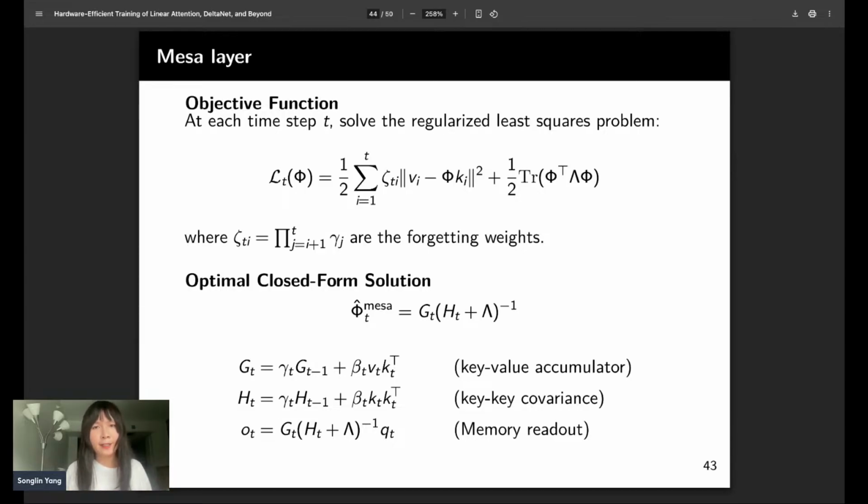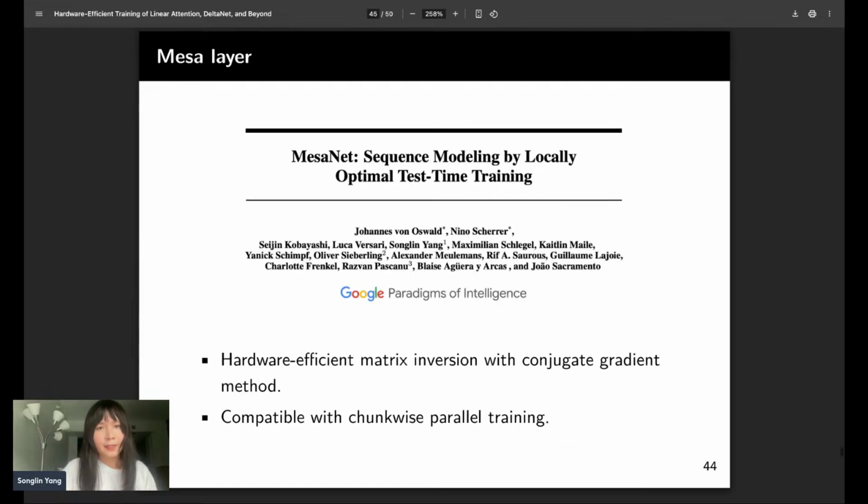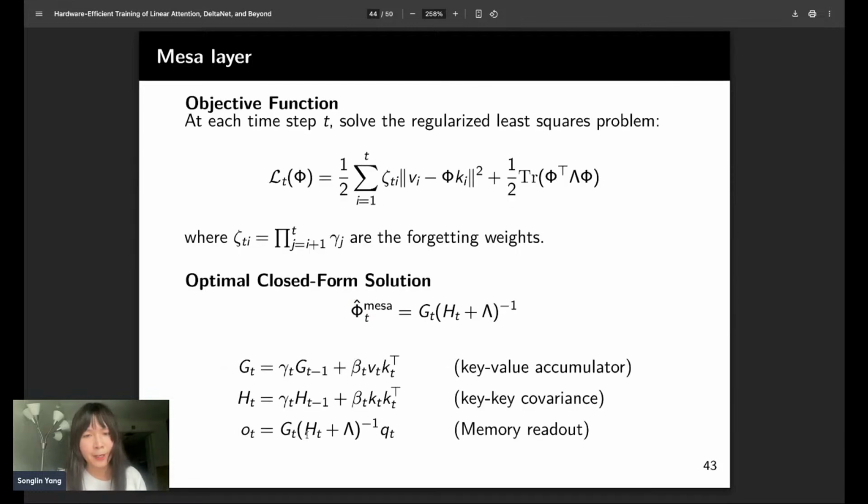And in this recent work, which was archived like 2 days ago, we have a new paper trying to scale up this Mesa Net. Previously, we had the matrix inverse operator, which is very hardware inefficient to compute for each position.